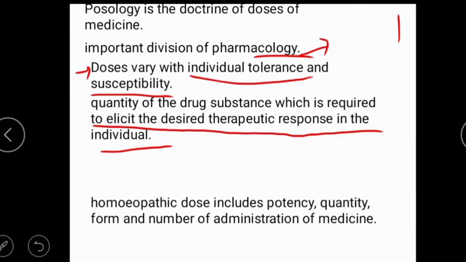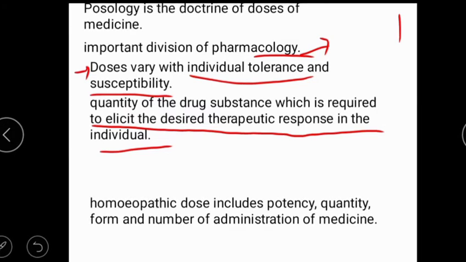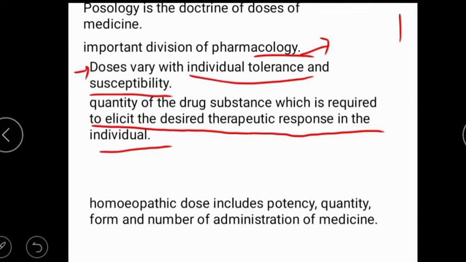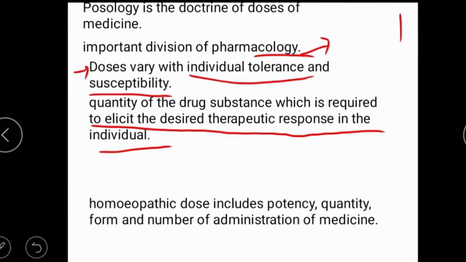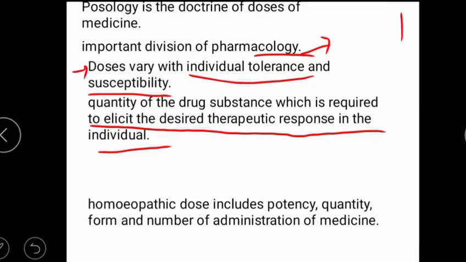When we want to remove a person's disease, we should give that much quantity, so that the disease-causing pathogen is eliminated and the desired therapeutic response occurs inside the patient. This quantity or dosage deals with the posology section of pharmacology.